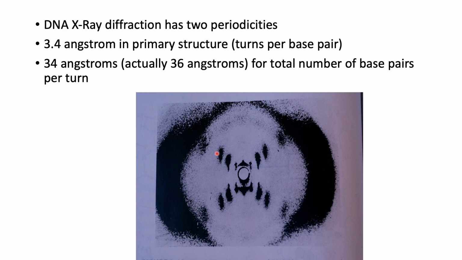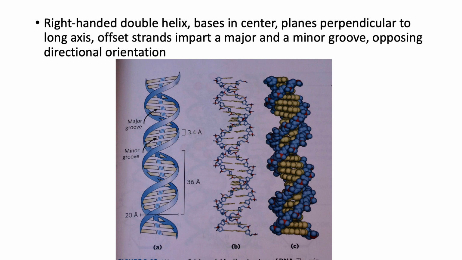And this is the most famous photograph in biochemistry. This is from the original DNA structure determination, and this is the helix present in X-ray diffraction, which was admittedly rather crude back in the early 50s, but sufficient to warrant the ascertainment of the structure.